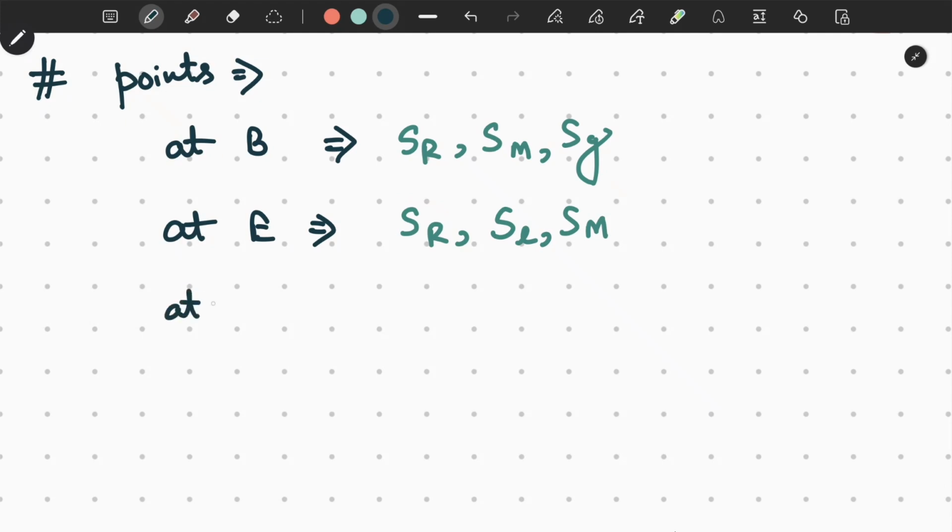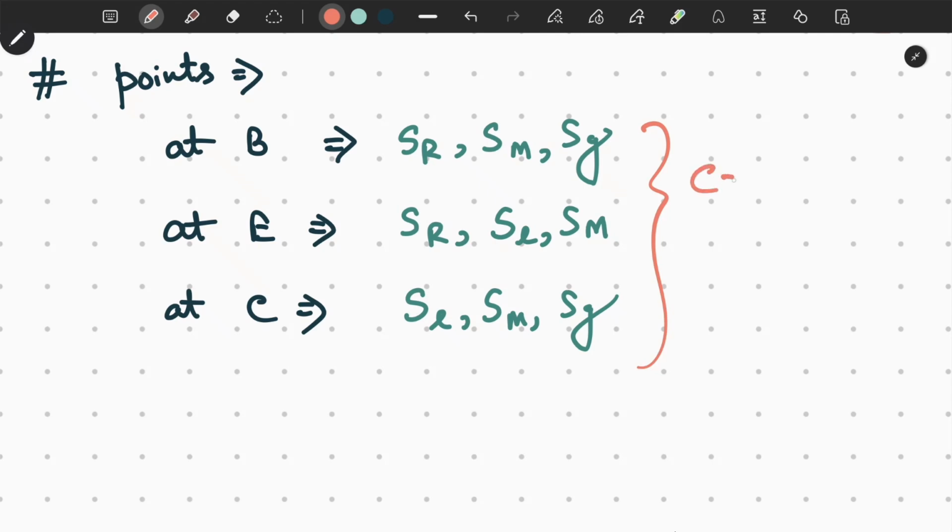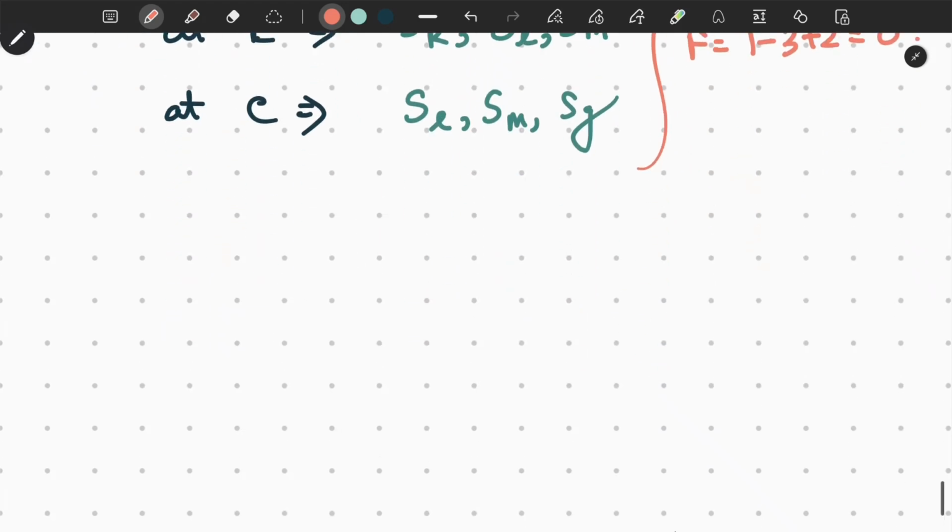And at point C, it will be SL, SM, SG. So for all three points, components is 1 and phases is now 3. So the degrees of freedom will be 1 - 3 + 2, so 0. That is the definition of a triple point. So 3 triple points are there.